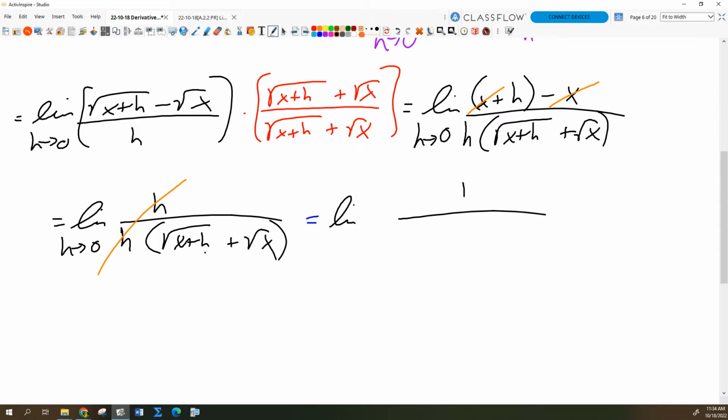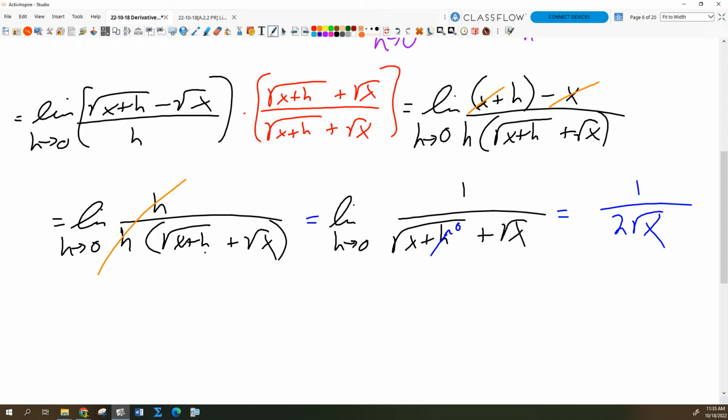On the top, I've just got a 1. On the bottom, I've just got the square root of x plus h plus the square root of x. As h goes to 0, what's that give me? 1 on the top, and h is going to 0, so I get the square root of x plus the square root of x, which is just 2 square roots of x, right?